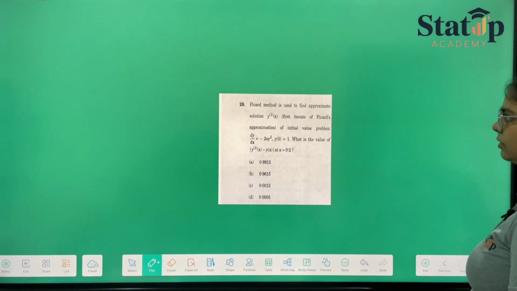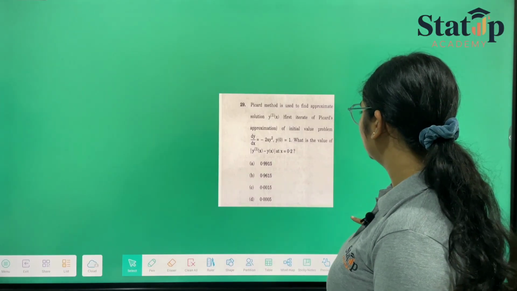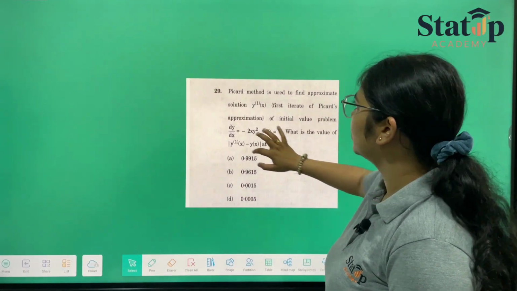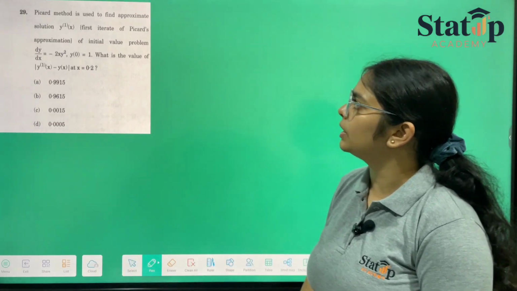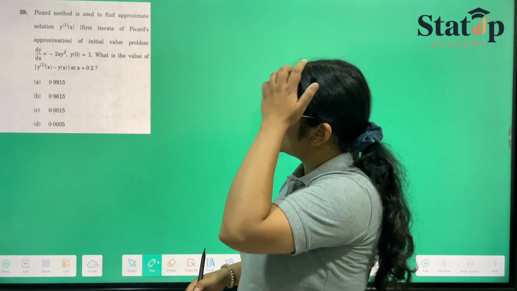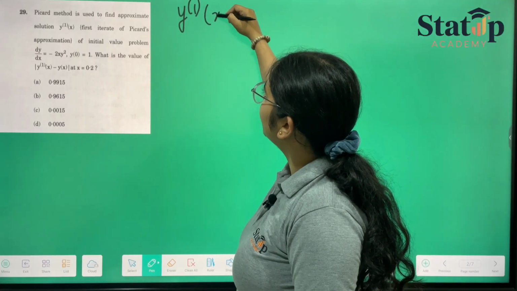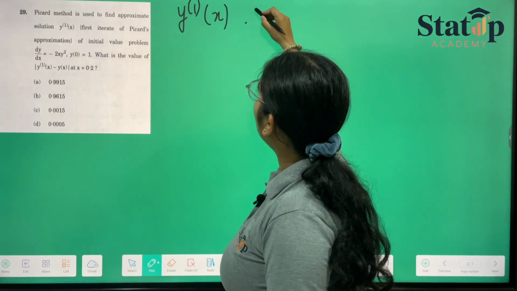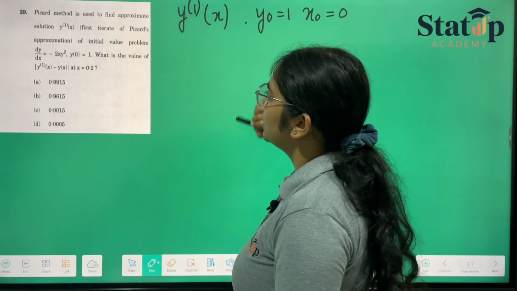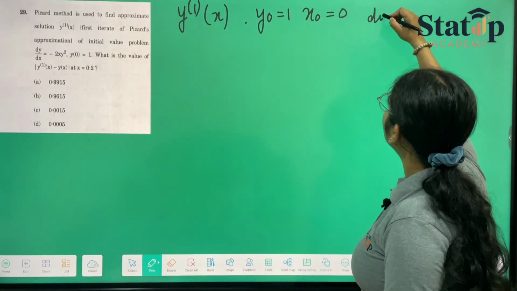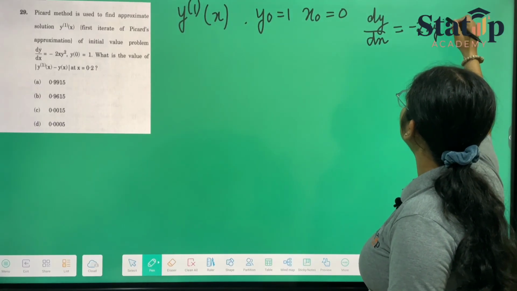Now moving to another question of Picard's method. Here they have used the first approximate solution of Picard's method, which is represented by y1(x). y naught has been given as 1, x naught as 0, and dy by dx has been given to us as minus 2xy square.